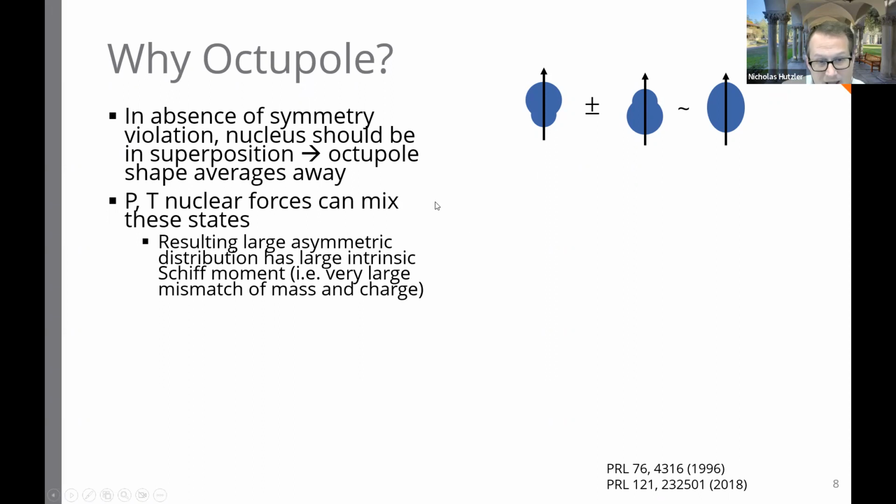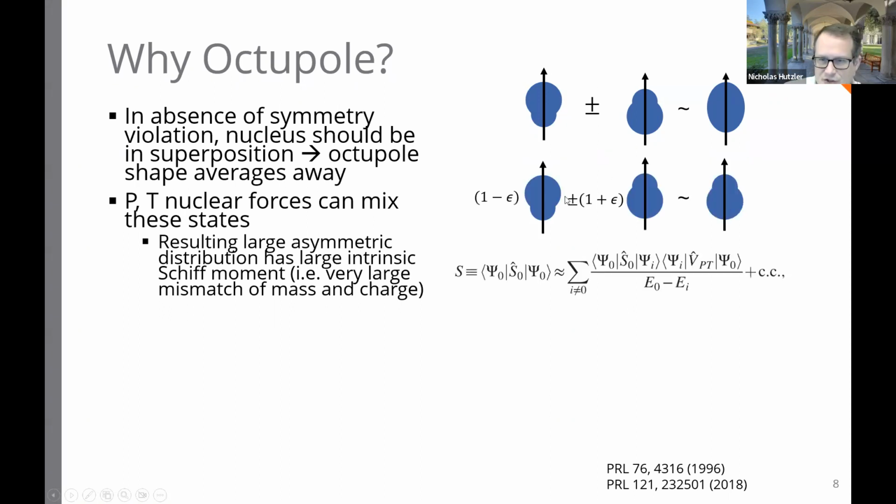However, if you have symmetry violating nuclear forces, it can mix these two states. So you can end up with your actual nuclear state being some slightly asymmetric superposition of these two states, and you end up with some residual reflection asymmetric shape in the nucleus.